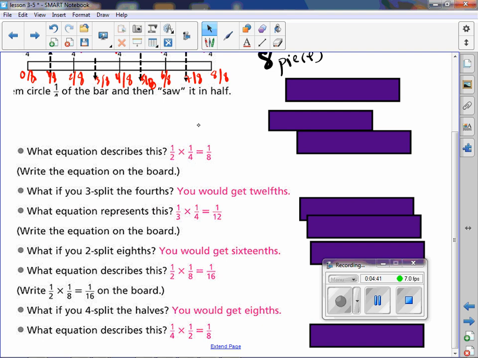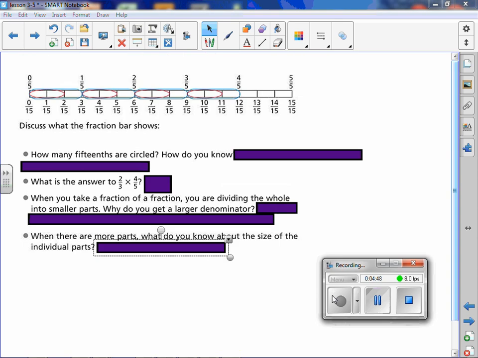All right, so when we look at these kinds of equations, we know that we can have those shift. Okay, let's take a look at one more problem here. I've got this fraction bar up above. It's divided up into fifths and 15ths as well. We want to know how many 15ths are circled and how we know.